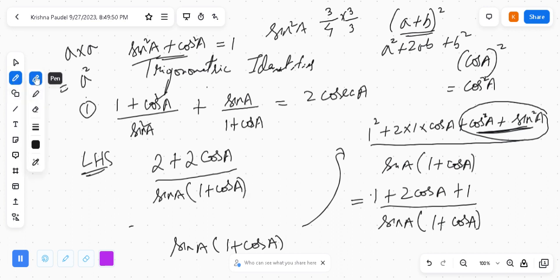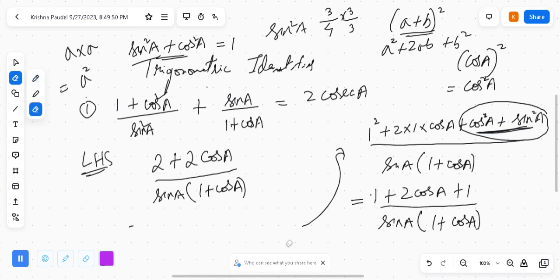After this, we cannot add anything in the numerator, because 2 plus 2 cos A is just like unlike terms. If we try to bring algebra here, 2 plus 2x, the next step is we can't do anything here, we can't add.